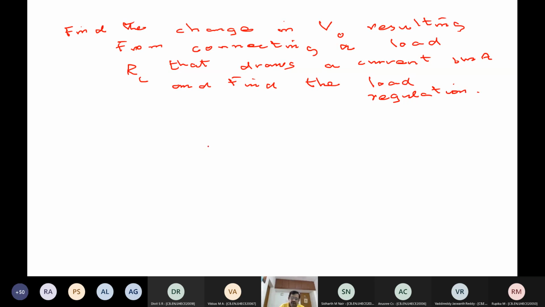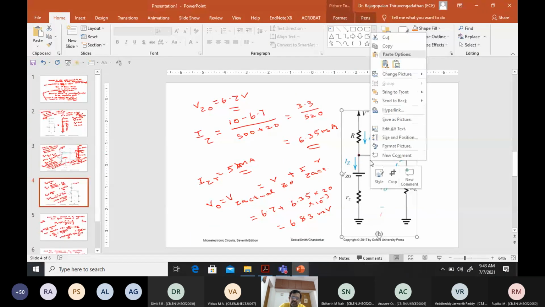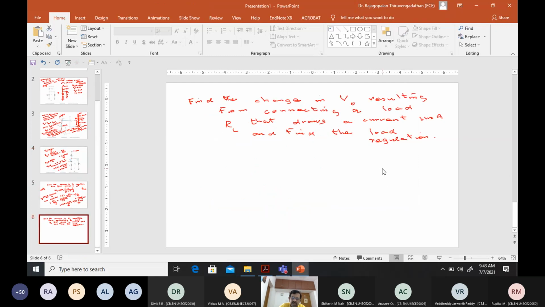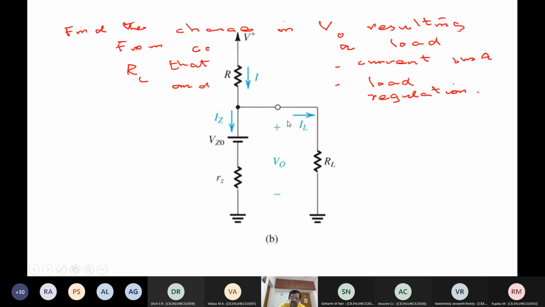So when RL is connected, which means the circuit, when RL is connected, you are going to have this thing.